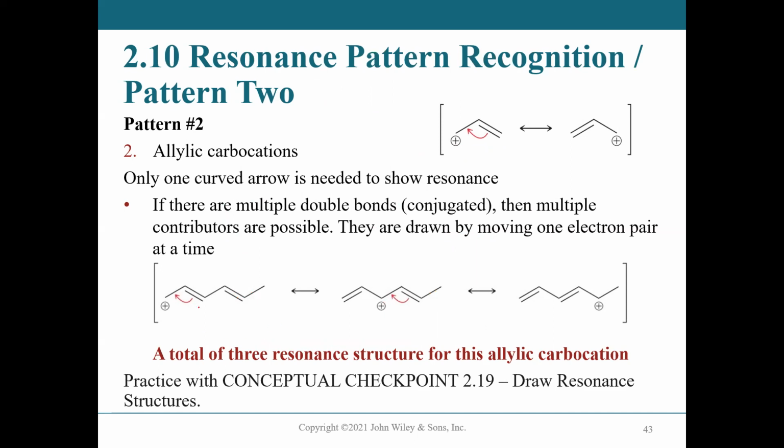So, okay, we're going to move this electron pair. Now we have the double bond here. We have the positive. It went from here and it comes onto this one. So this would be 1, 2, 3, 4, 5, 6. So it goes from the 1 position to the 3 position. Now we're going to move it down to the 5 position right here.